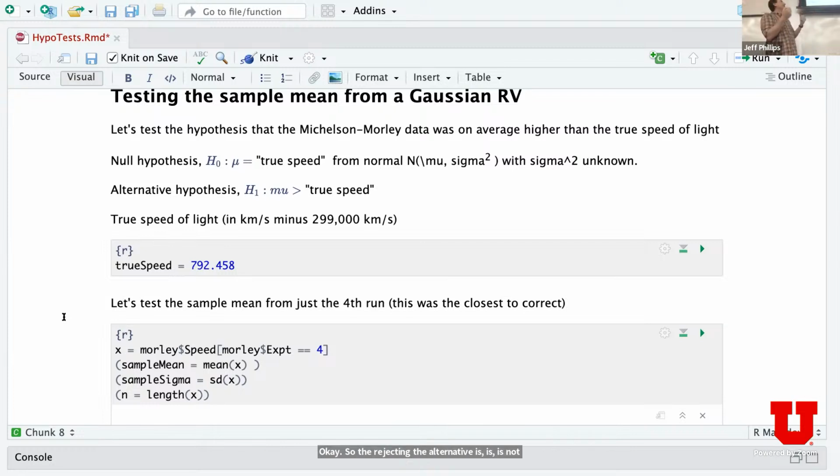We can either reject the null hypothesis or not reject it. Not rejecting it means I don't have enough information to know whether it's off, but I can't say it's off. So it's intentionally a double negative.